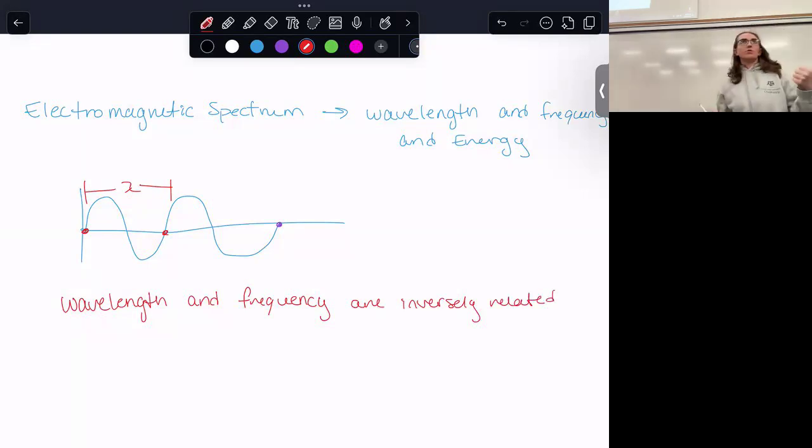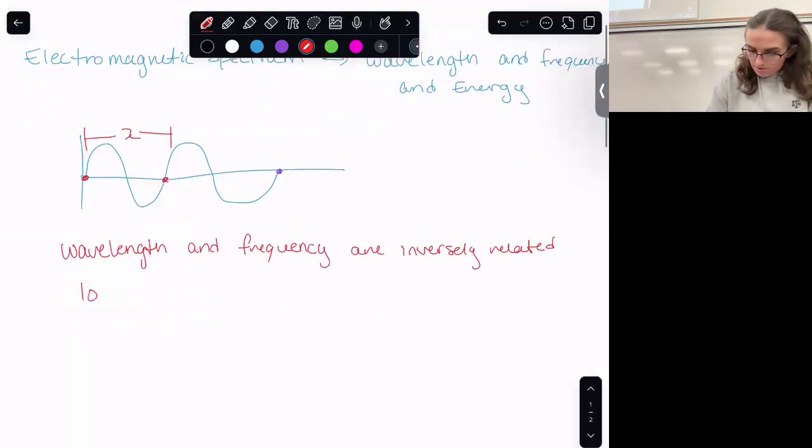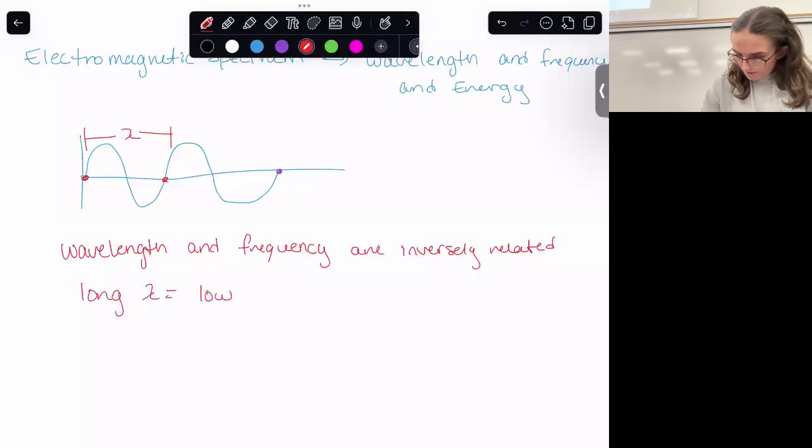So the longer the wavelength, what does that mean about your frequency? For a long wavelength, you have low frequency, right? So long wavelength equals low frequency.